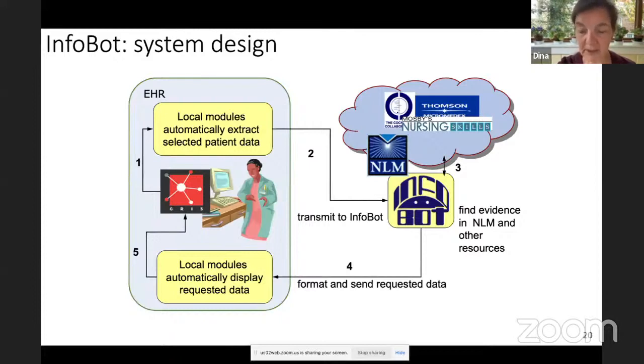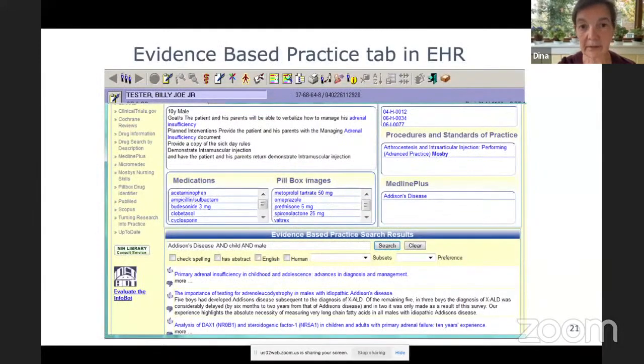We formatted the answers that they wanted, and we showed them in their evidence-based practice tab in their electronic health record. And you can see here that the note now has the specific terms highlighted. Because it's the NIH Clinical Center, the patients might have some rare diseases that the team did not see before, so they wanted some definitions.